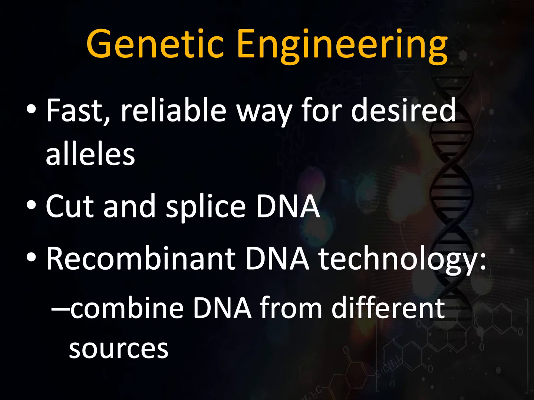So genetic engineering is a way for us to get the desired alleles. If you remember, your genes, your DNA is the code for your genes, and when we're talking about things like, oh, this plant has big T, little t, or big T, those are really representations.